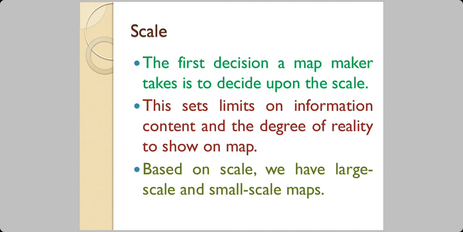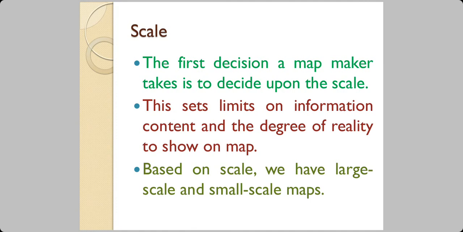So you have to consider the size of the paper on which the map is going to be drawn, and the size of the land area which you intend to show on the map. This sets a limit on the information content and the degree of reality to show on the map. If you have a big size of paper or a sheet or a chart or a flex board, then you are free to put in a lot of information, as much as it can hold or as much as can be read clearly.